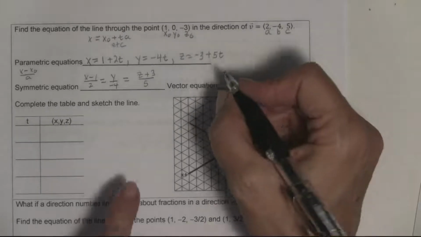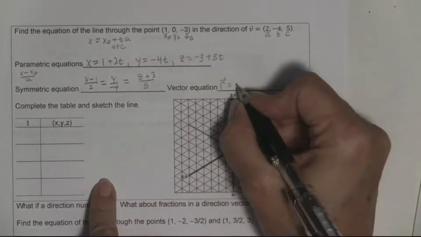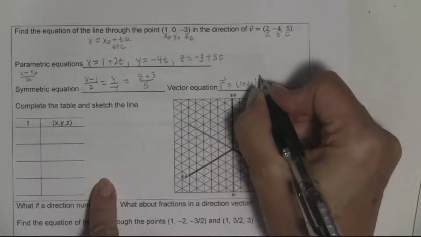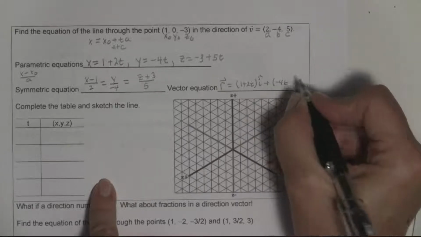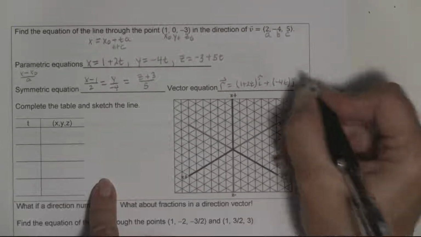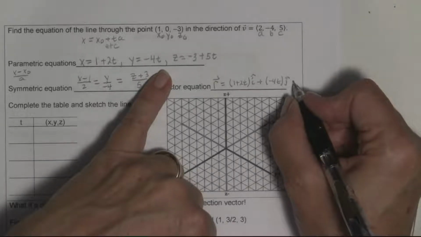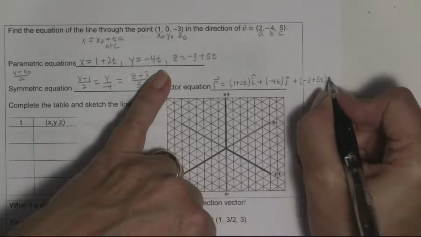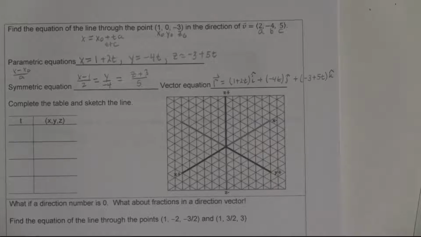So my vector r is going to equal (1 plus 2t) i plus negative 4t j. You could have had that as minus, and that would have worked out okay as well. And then plus (negative 3 plus 5t) k. I know I need a little bit more room on here, maybe next semester for the real students I'll put a little bit more room there.